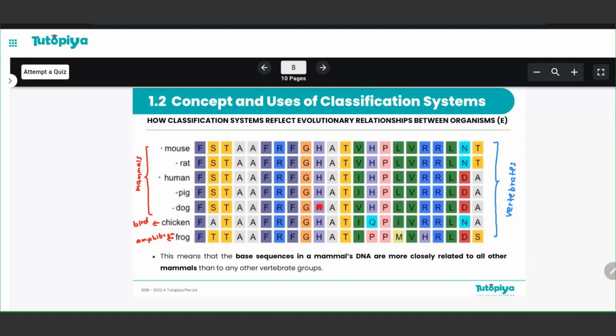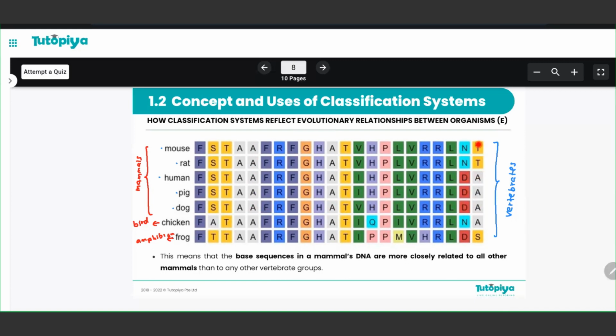Similar base sequences all the way, except maybe at this point, there are few variations in the base sequences at one particular point. Apart from this point and this point, all the base sequences are exactly similar.